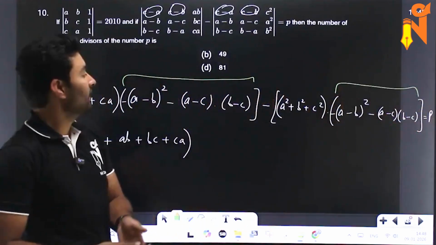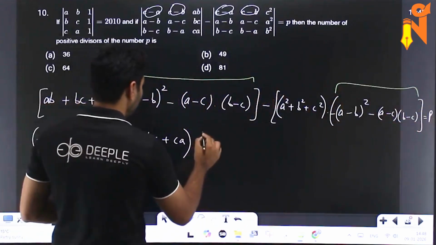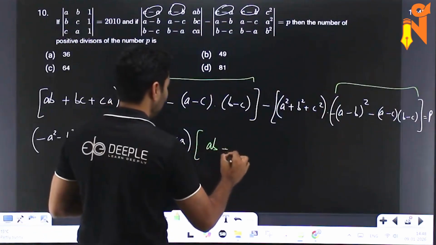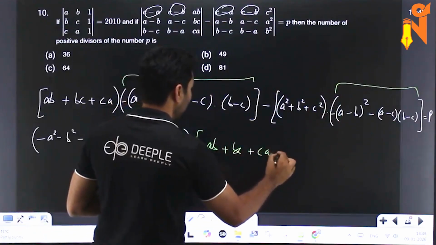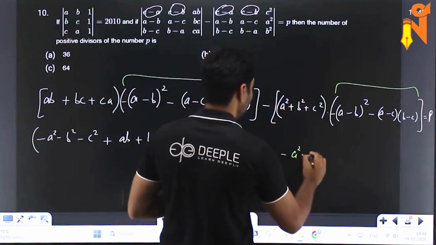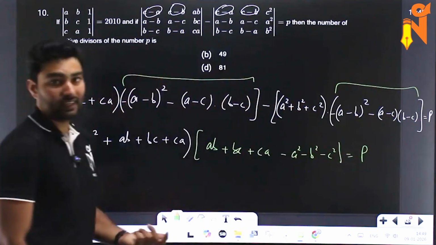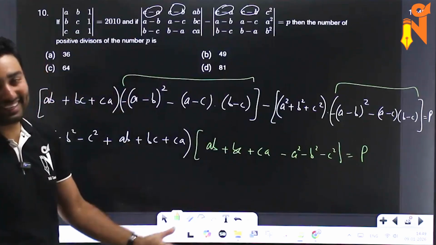When you take it common, what remains? You will get into this AB BC CA minus this, minus A square minus B square minus C square, is equal to P. Now you can see clearly both are the same again.